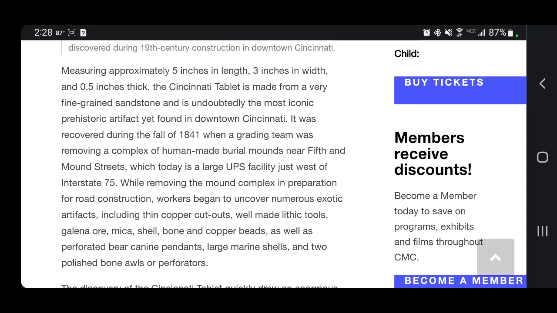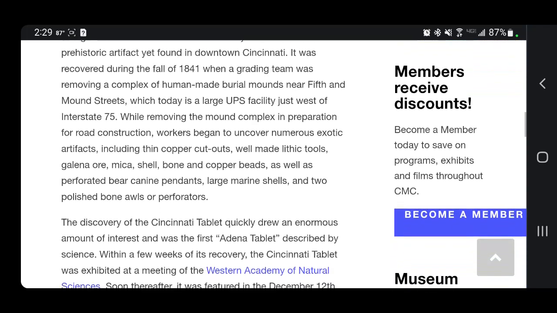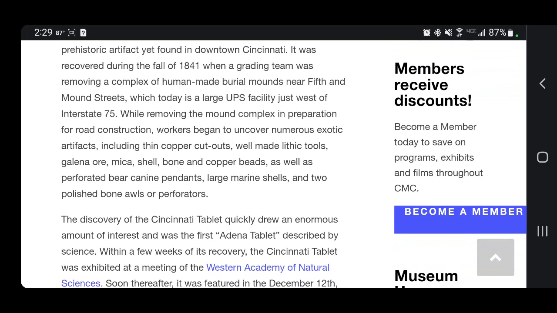They found other artifacts downtown, but this was one that is more well-known because at first they thought it was a fake, but it was eventually found to be real, and they've found several more of these little mini tablets around North America, in kind of the Northeast where the Adena used to be, and they're all interesting.